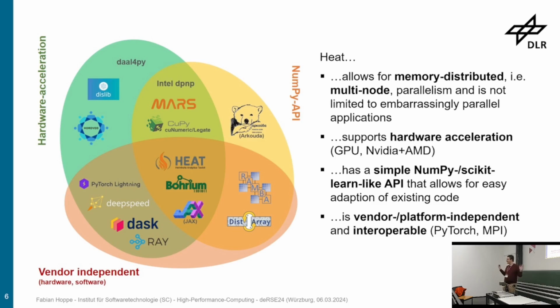So maybe in 10 years this will be something very special. But I'm sure your cluster will somehow support MPI. And also PyTorch is quite a standard thing, and in particular it's vendor independent in the sense that it allows to use many different kinds of devices.